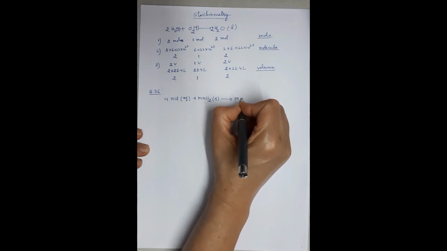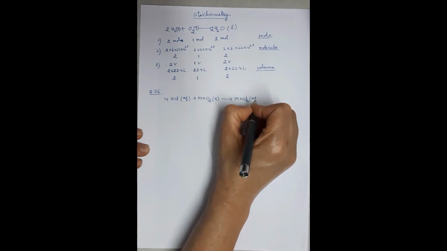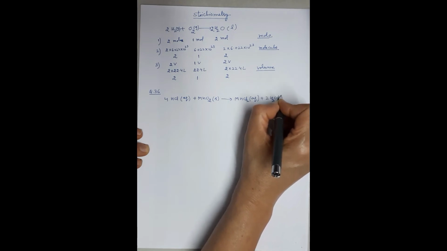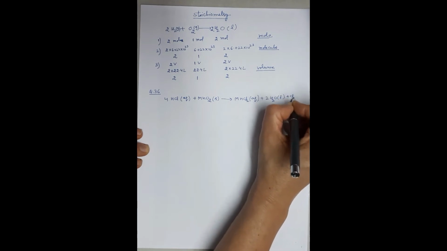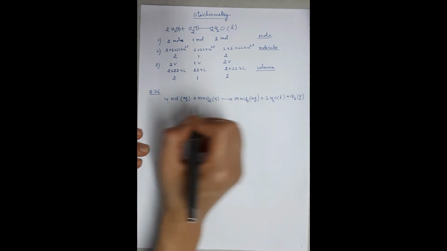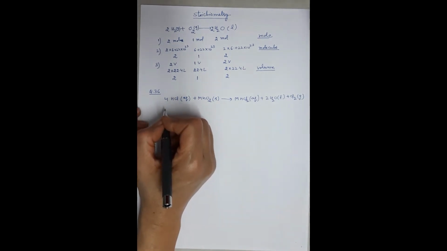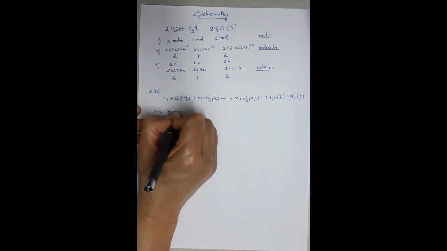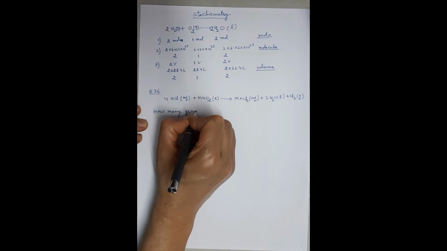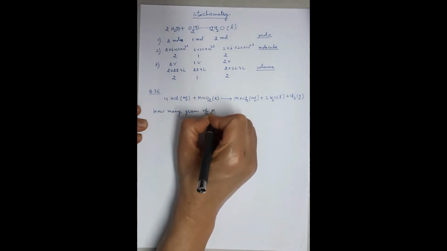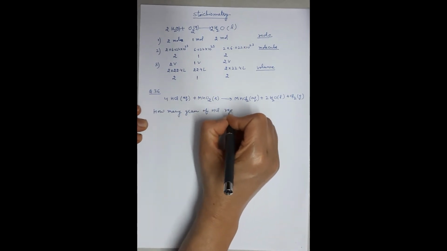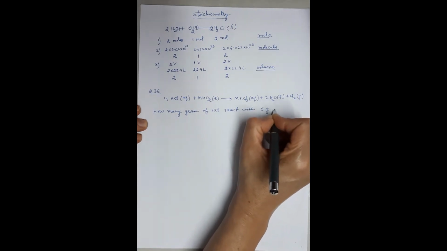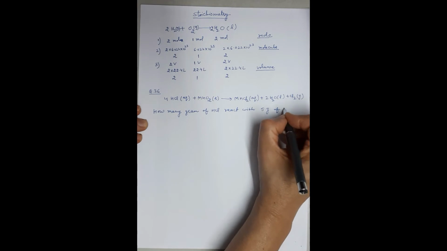This gives you MnCl2 in aqueous state plus 2 moles of H2O in liquid state plus 1 mole of Cl2 in gaseous state. And the question is, how many grams of HCl react with 5 gram of manganese dioxide?